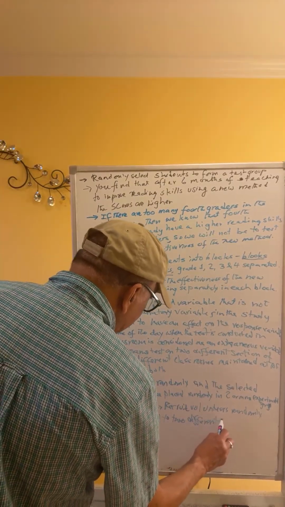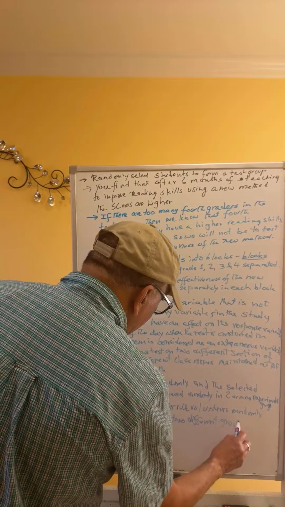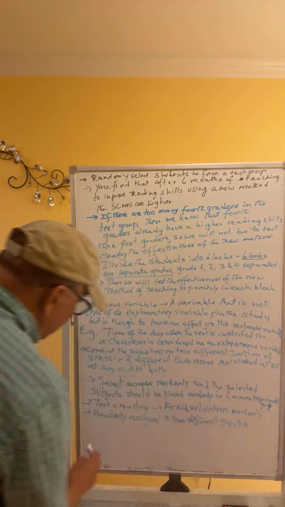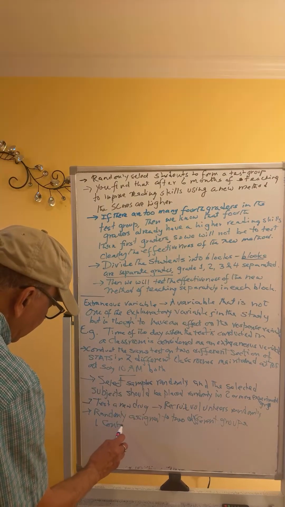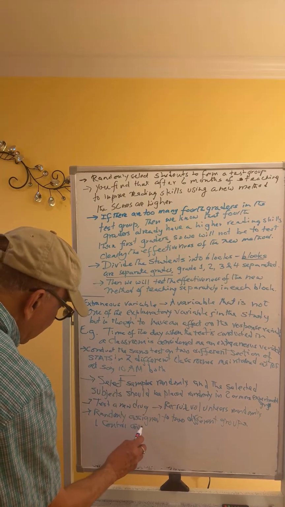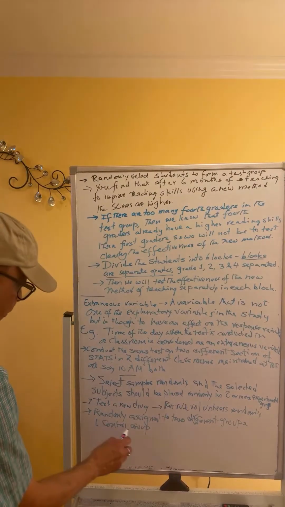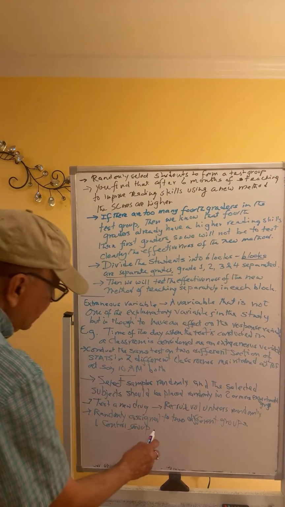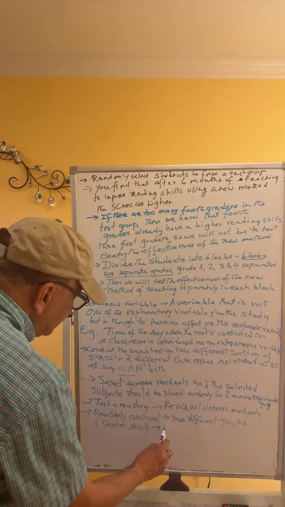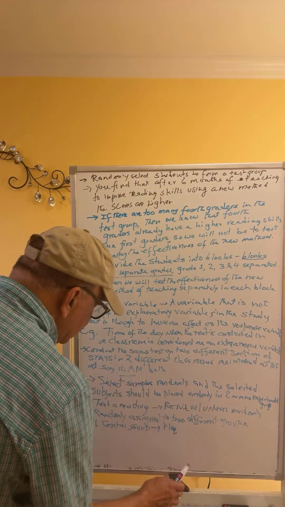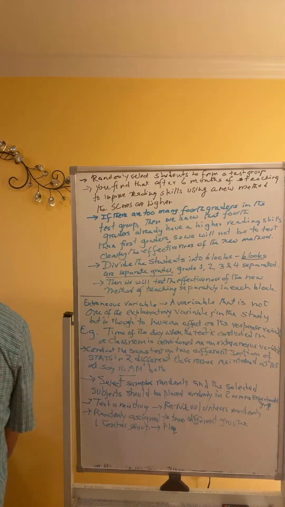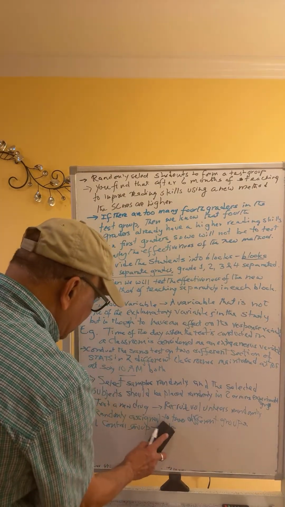What are these two different groups? One is called the control group. What is a control group? These people get a placebo. So let me write it correctly.